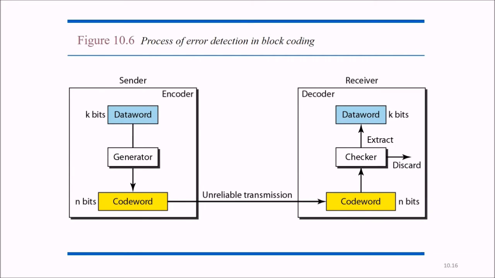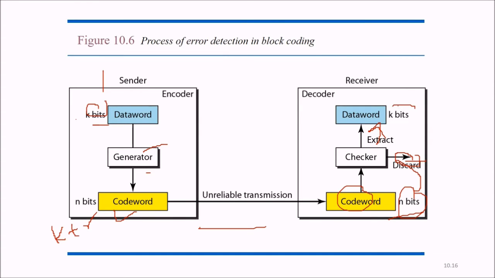This is the process of error detection in block coding. A sender sends this data word with k bits, then a generator will be there for making it a code word, because k will be added with r redundant bits, so this will be n bits. This is the unreliable transmission. Now you have a code word with n bits, and the checker will either extract or discard the code word which is coming.